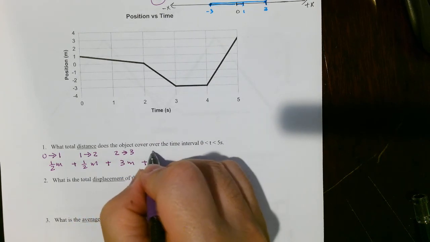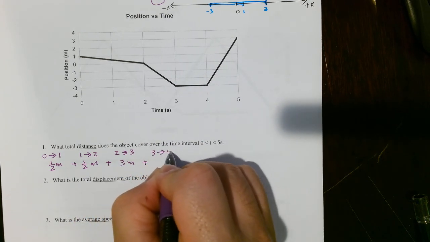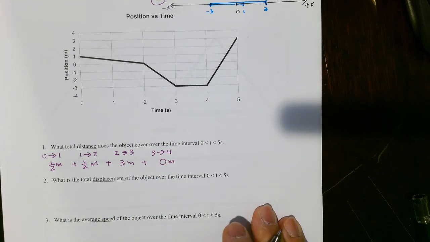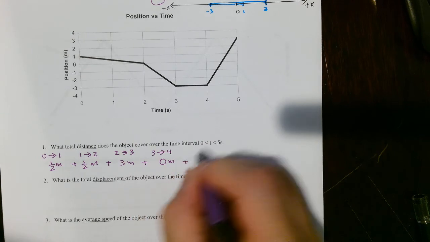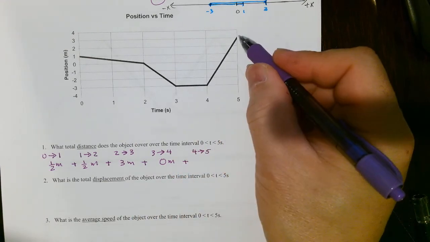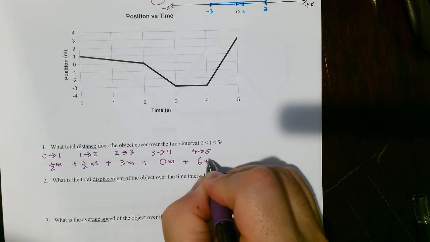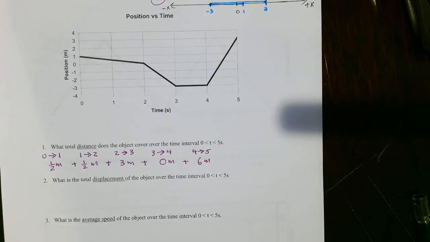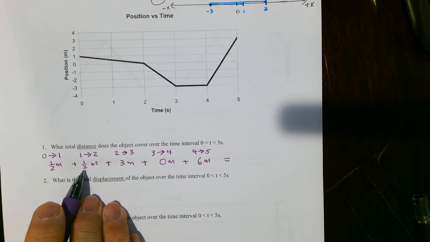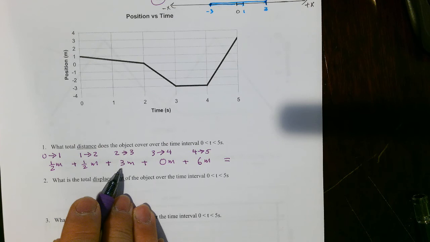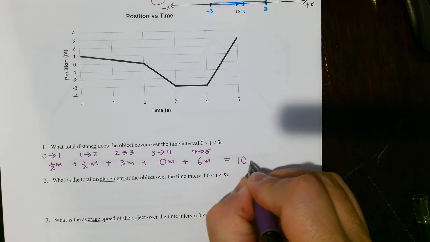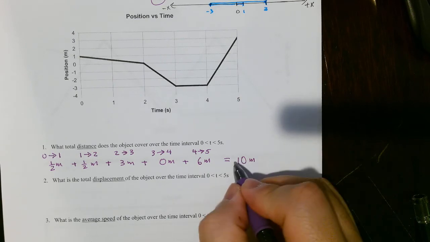Plus from 3 to 4 seconds, it traveled 0 meters. Plus 4 to 5 seconds, it traveled 6 meters. So when I add all these up, half plus half is 1, 1 plus 3 is 4, 4 plus 0 is 4, 4 plus 6 is 10 meters total distance traveled.